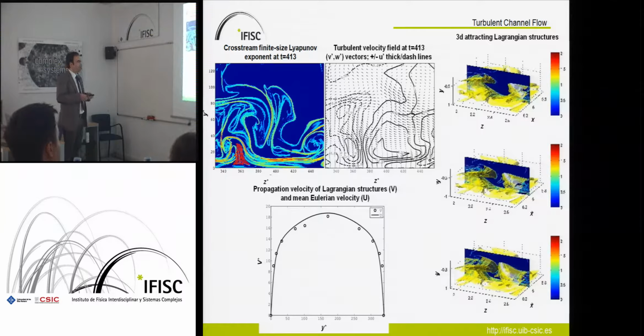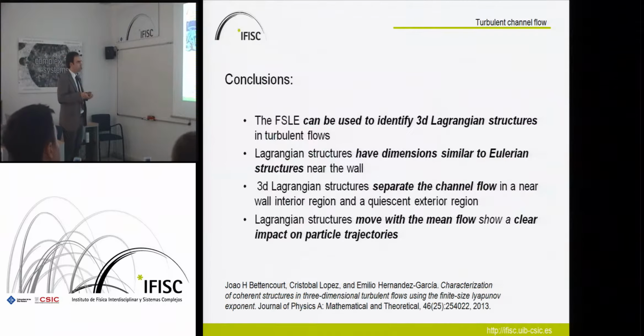So what we concluded was that these Lagrangian structures in 3D form the boundary between the near wall region, where you have high FSLE lines, and the outer region near the center of the channel, which is located around this area, where you have a very low intensity turbulence.